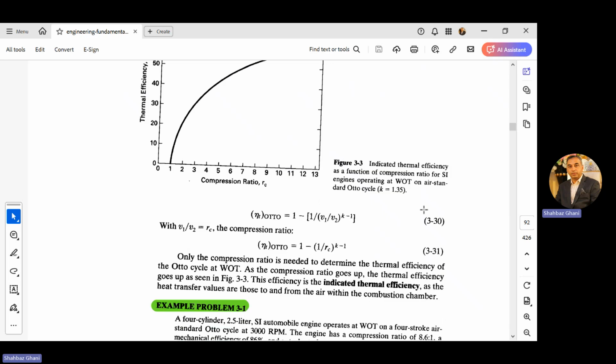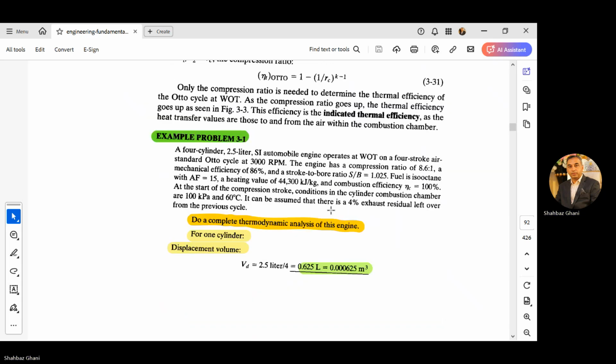Now, example 3-1. First, I will read the example and then I will explain. The statement is: a four-cylinder 2.5 liter SI automobile engine operates at wide open throttle on a four-stroke air standard Otto cycle at 3000 RPM.